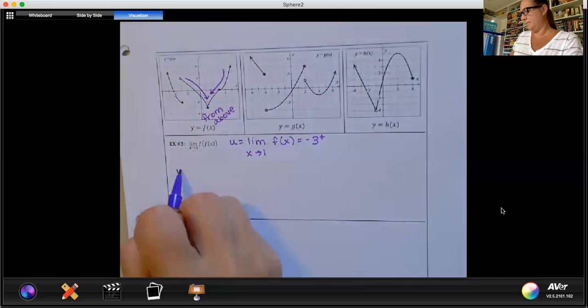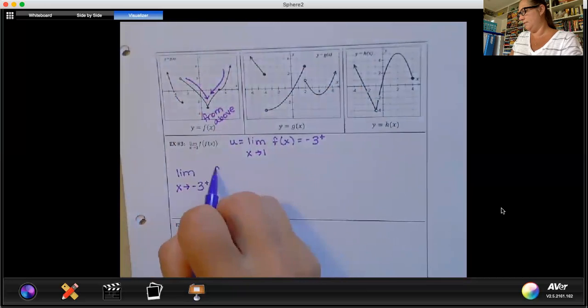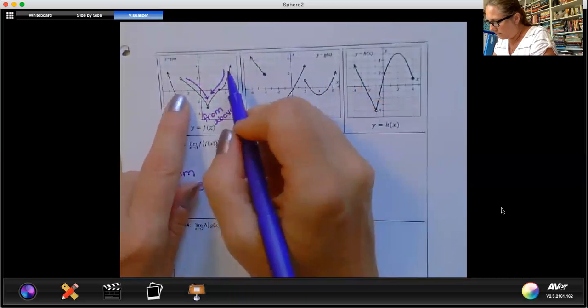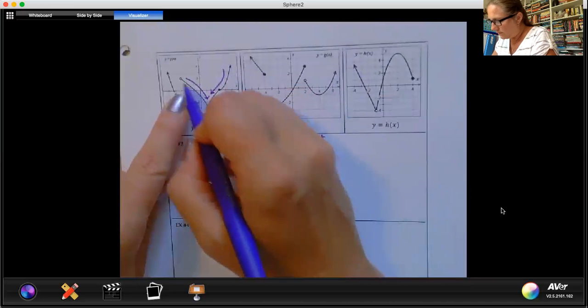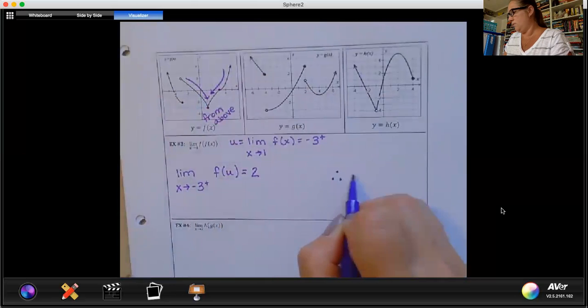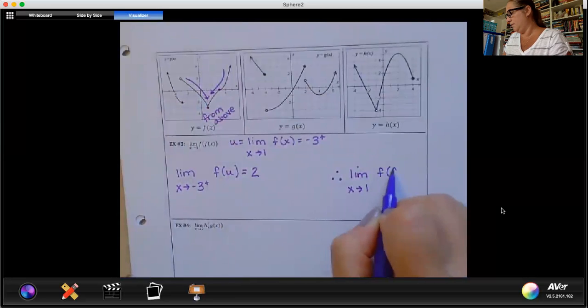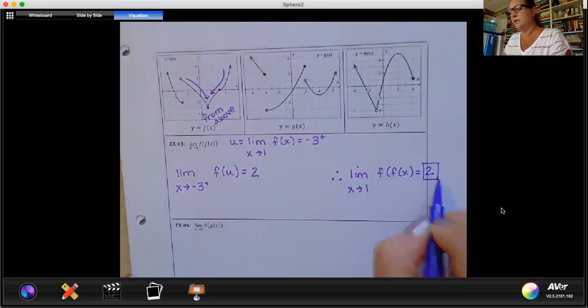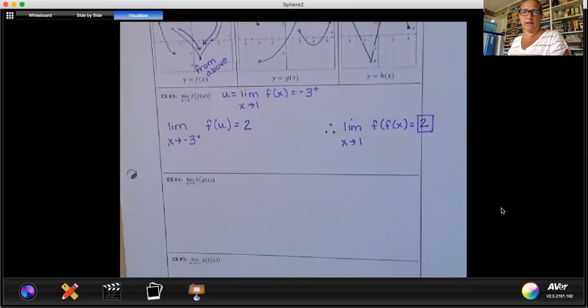So your limit as x approaches negative 3 from above of your function, negative 3 from the right, is positive 2. Therefore, the limit as x approaches 1 of f of x is equal to 2. Notice even at the end how you write your answer.